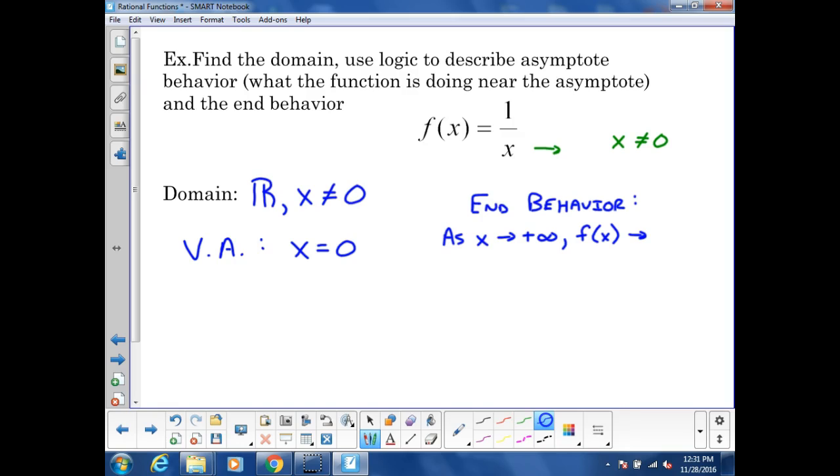So what's that going to be? 1 divided by a positive huge number. It's going to be close to 0, right? So it's going to go to 0 from above.